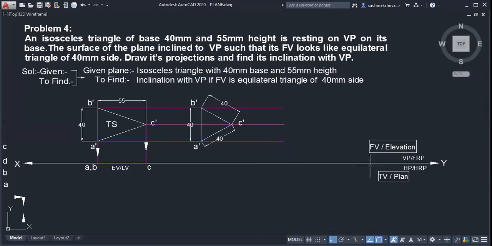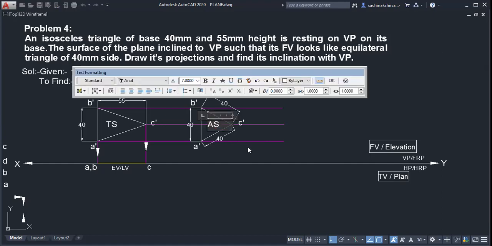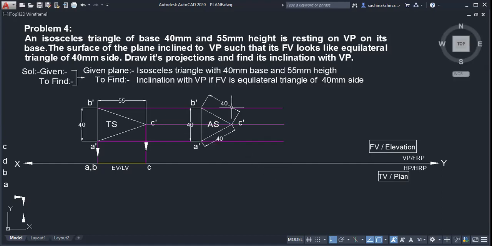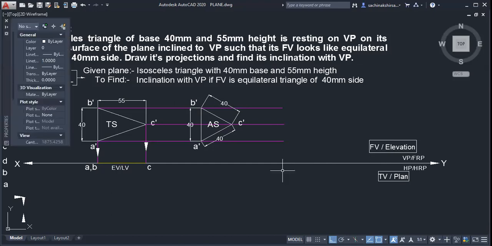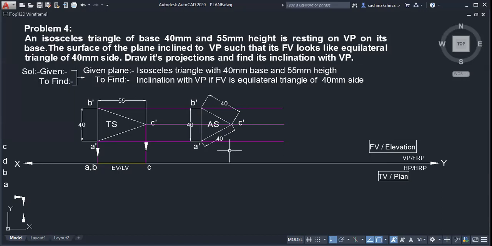For the projection, we simply have to draw projection lines. So this is the apparent shape, which is given as an equilateral triangle, 40, 40, 40. After that, again projection lines. The base is going to remain on the XY line, or on PP. So it will remain here only.